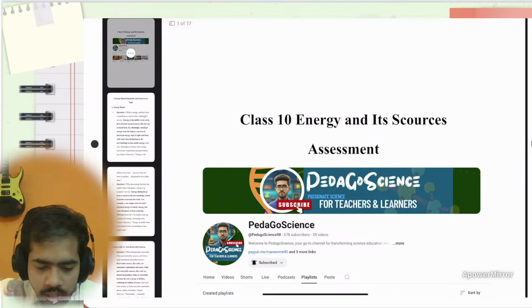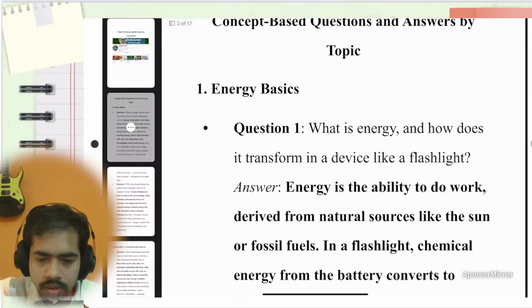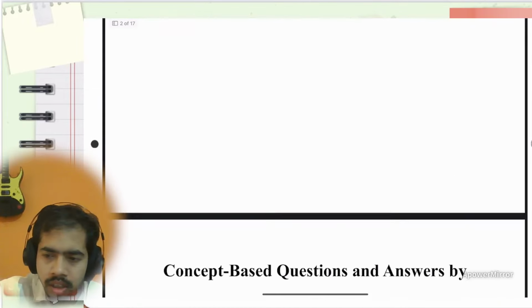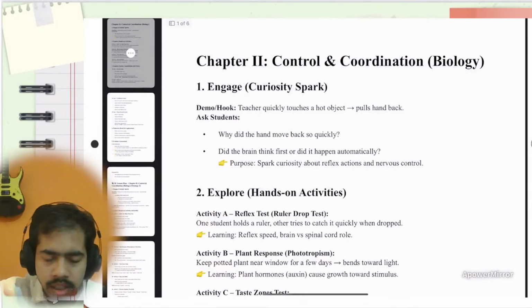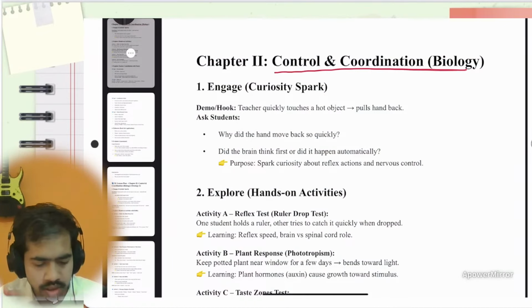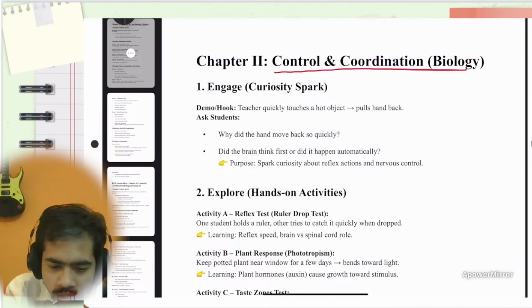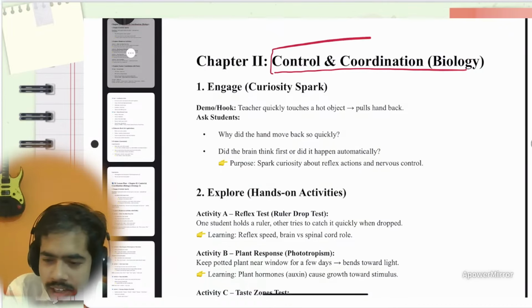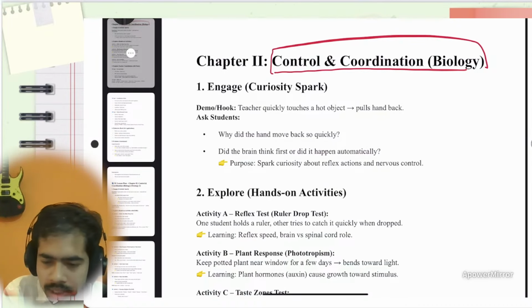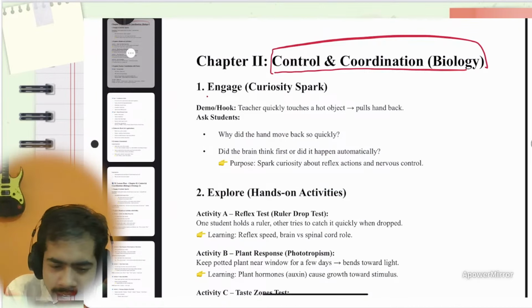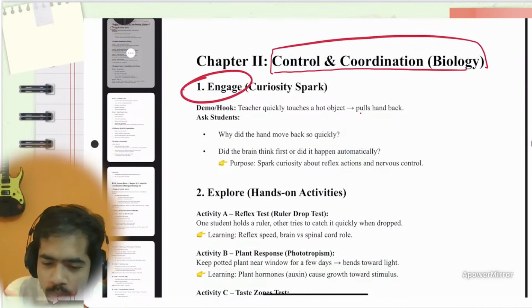So here I can show you one demo. See, for a chapter, control and coordination, this is the last topic we are discussing here. That's control and coordination for class 10, it may be chapter 11 biology. So what in the engage part have I done? The teacher quickly touches a hot object, just showing for curiosity, and pulls the hand back.